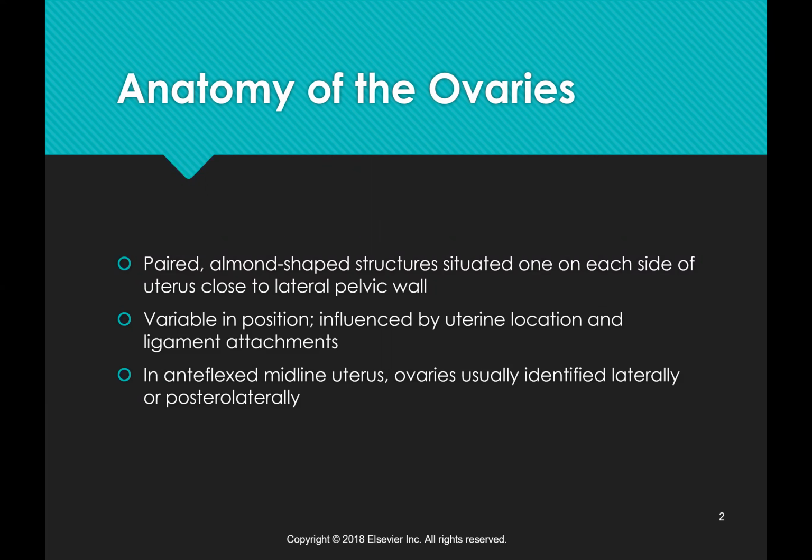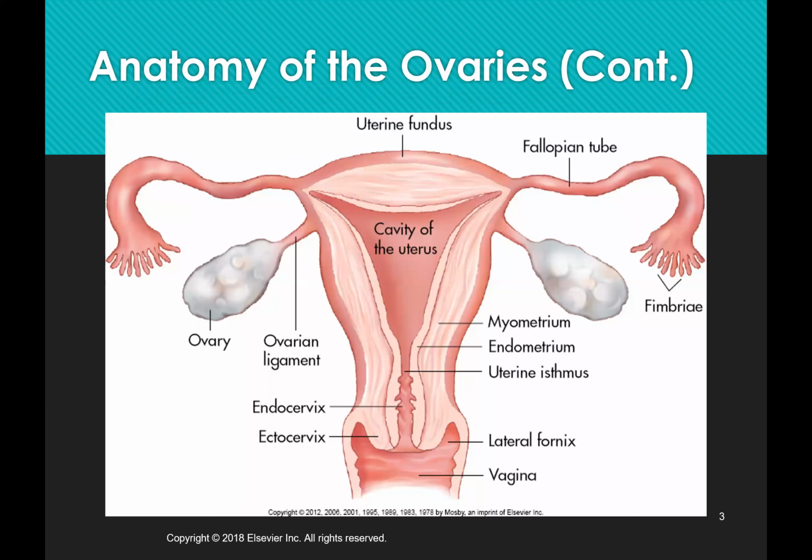Most of the time, in a perfect uterus and ovary, you're going to have an anteflexed midline uterus, and the ovaries are just going to be identified laterally. If you get lucky, they're pretty easy to see that way. This is a picture of the anatomy of the ovaries. You can see the ovarian ligament attached to the uterus, holding the ovary in place.